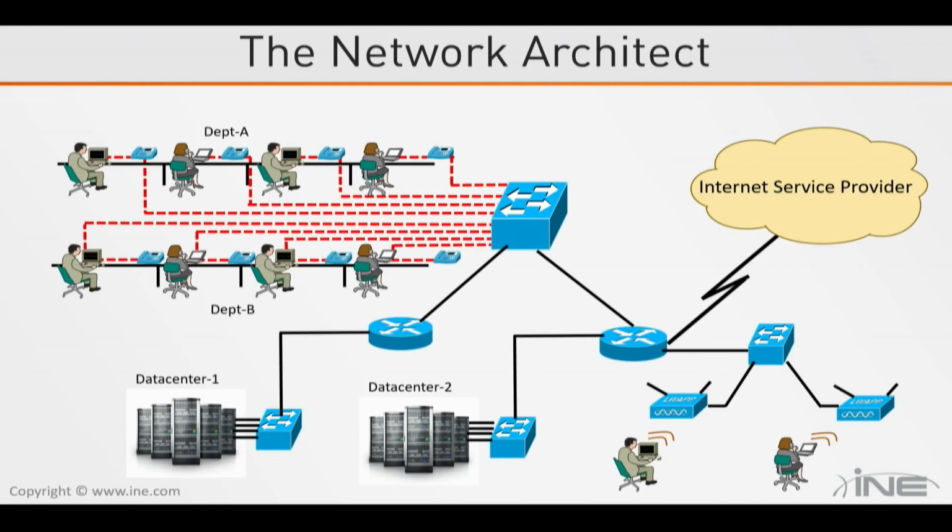They would say, how many users do you have now? Where are they located? How do you see yourself scaling in the future? What types of information is the network carrying now, and what types of information do you think it will carry in the future? What kind of service level agreements do you need?